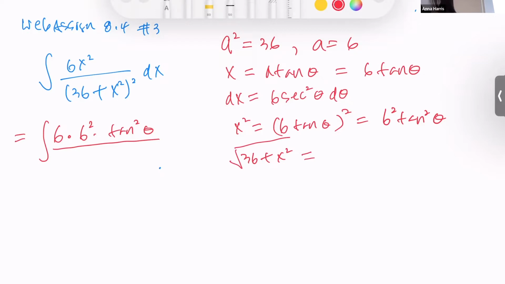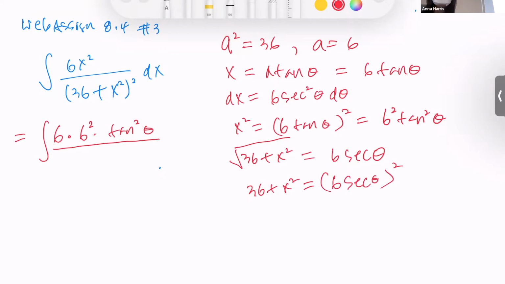That would be what? 6 what? 6 secant theta, right? Are you with me? I don't know what it is, but I know the square root of 36 plus x squared is what? Secant theta. Okay, so that means 36 plus x squared would mean what? 6 secant theta to the what? Square. Are you following me?